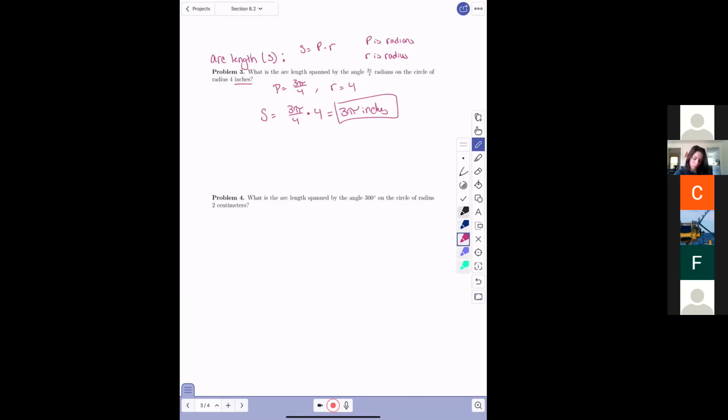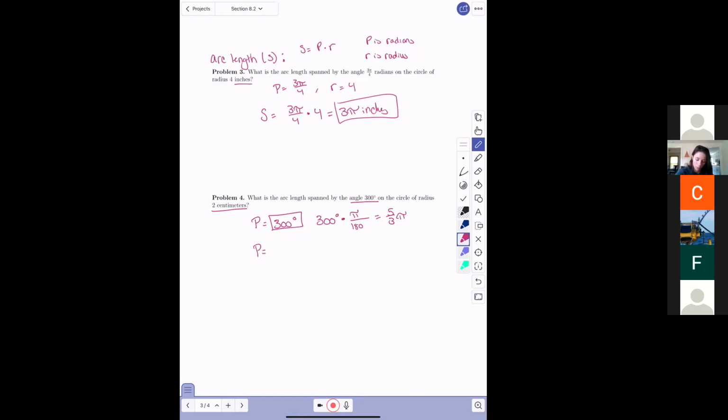Okay, next is problem 4. What is the arc length spanned by the angle 300 degrees on the circle of radius 2 centimeters? So for theta, theta is our radians, so it's 300 degrees, but we have to convert it to radians. To convert to radians, we multiply it by pi over 180, which is going to be 5 over 3 pi.